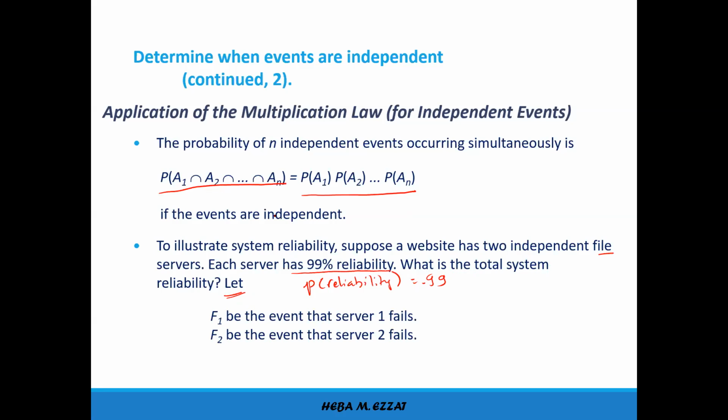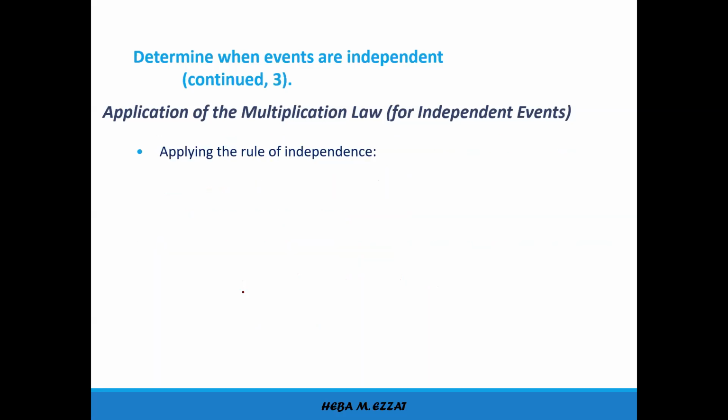Given the probability of the first event to fail, we have F1 if the first system fails and F2 if the second system fails.